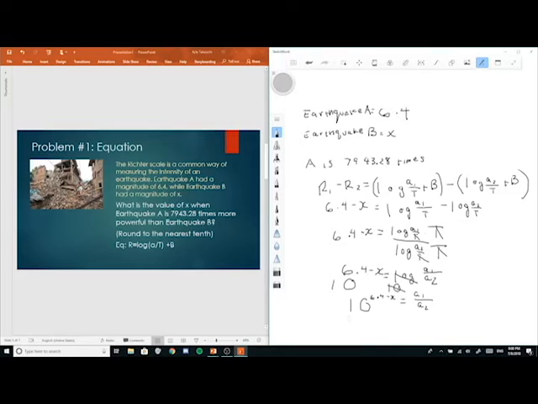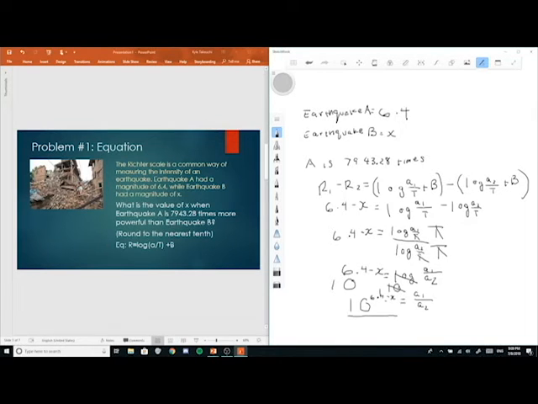Now this value right here is basically how many times greater A is than B. Now, we already know that A is 7,943.28 times more powerful than earthquake B.